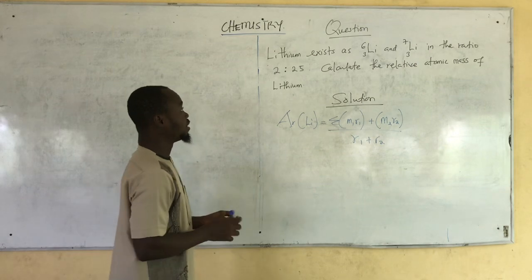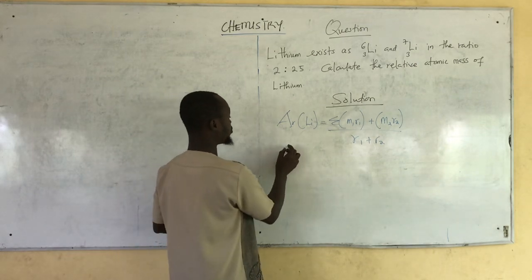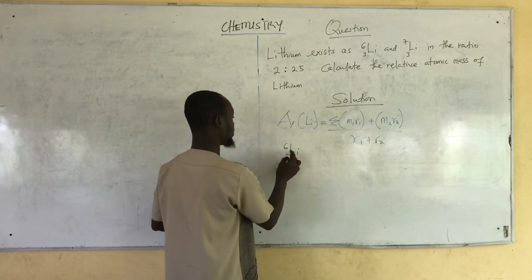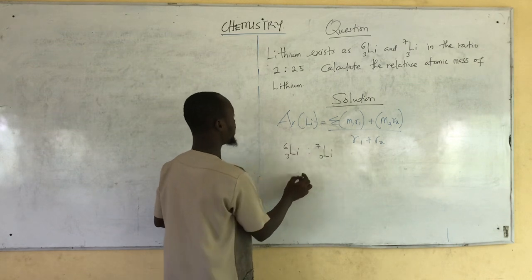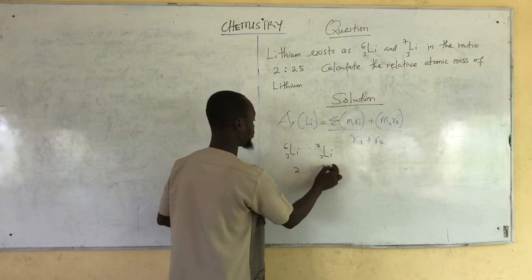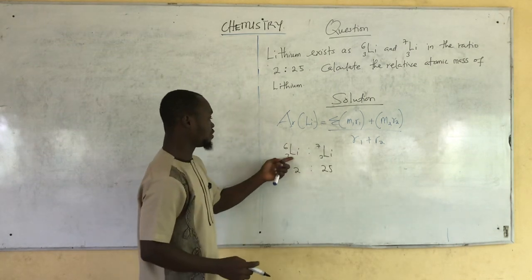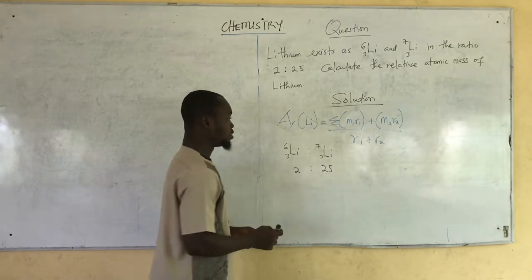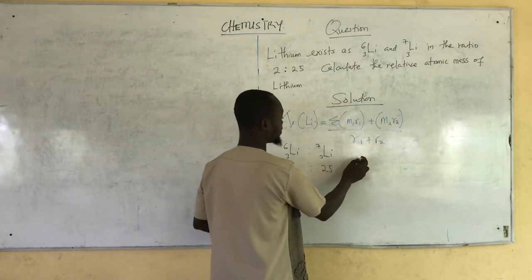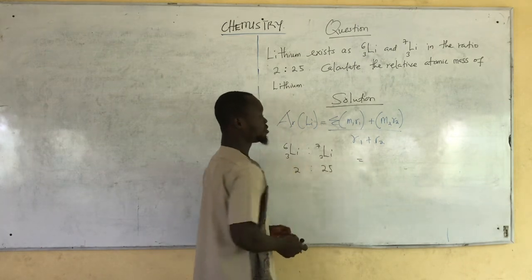Is that okay? Now looking at the question, the ratio of lithium 6 to lithium 7 was given as 2:25. So it means that the ratio for lithium 6 is 2 and then that of lithium 7 is 25. Is that okay? So once we get here, we do substitution.